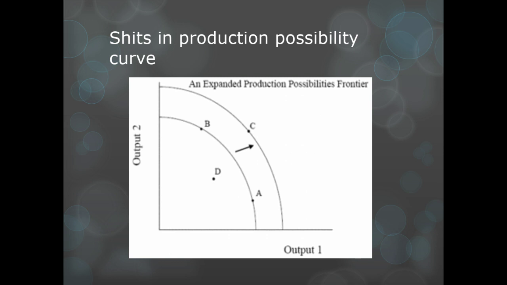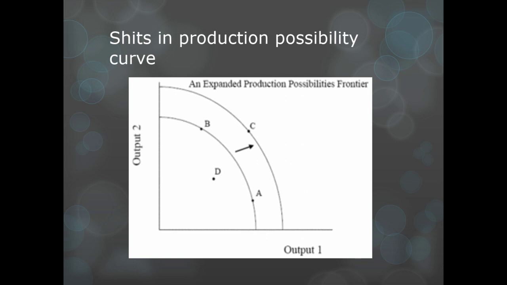A forward shift in the production possibility frontier means the economy is inventing some new method of production. That is one possibility. Another is improving the quality of the labor force. Another possibility is importing new technology in production. So these are some possibilities to achieve a forward shift in the production possibility frontier.